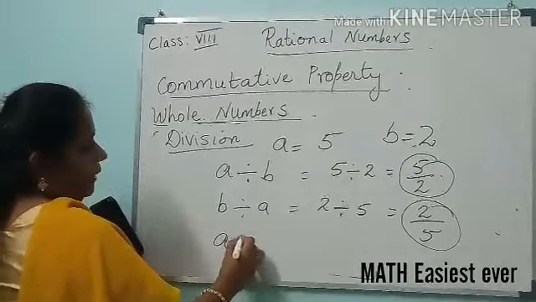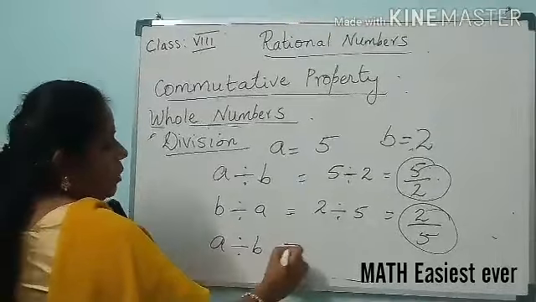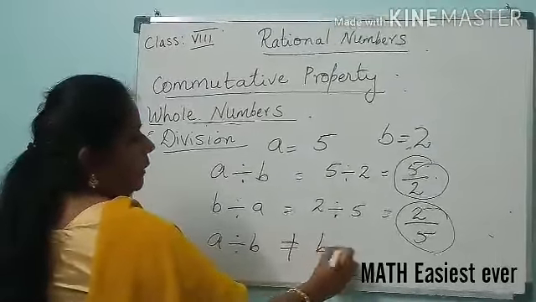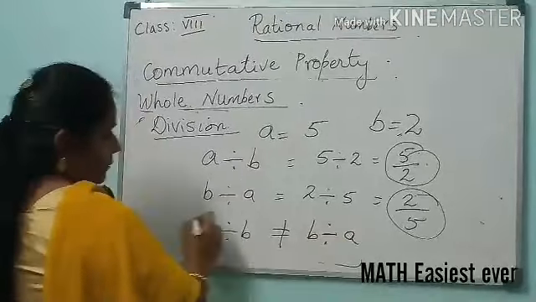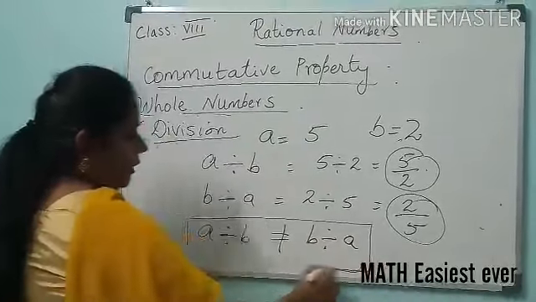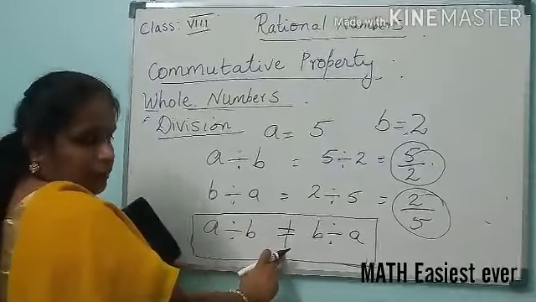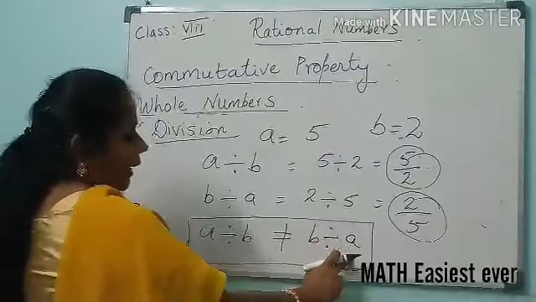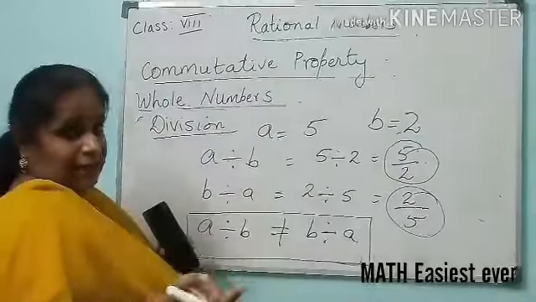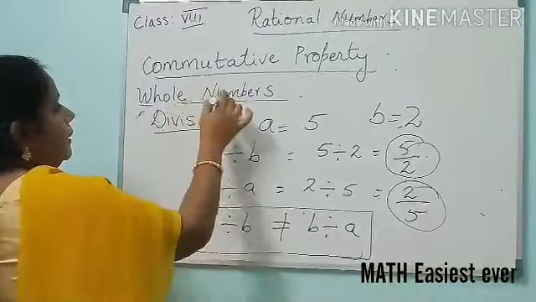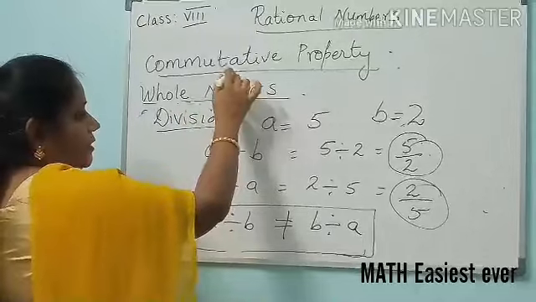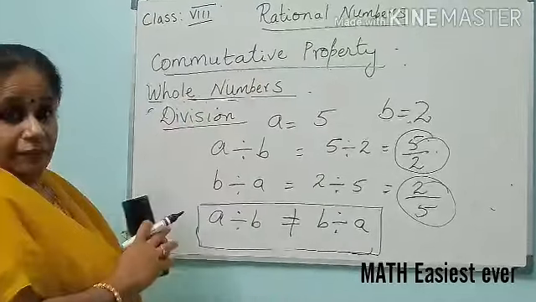A divided by b is not equal to b divided by a. Which makes us infer that whole numbers are not commutative under division.